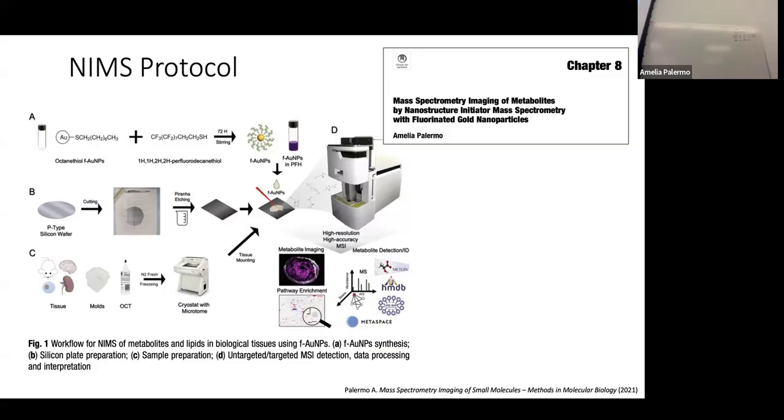And then from there, this chip is moved inside the source of the mass spec. And then, of course, there is a method that will determine the spatial resolution, the laser step, and what type of mass range will be detected with which resolution and so on, and that will generate the spatially resolved data matrices for analysis.